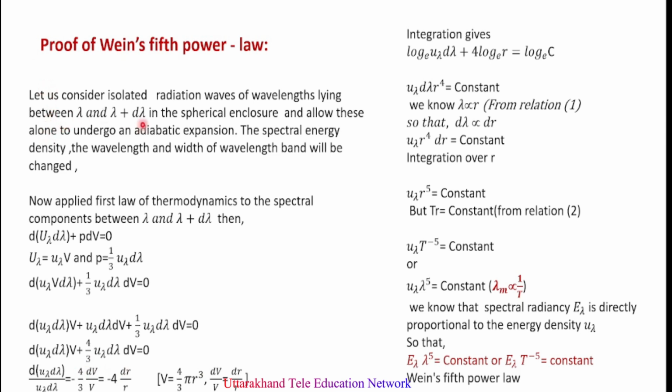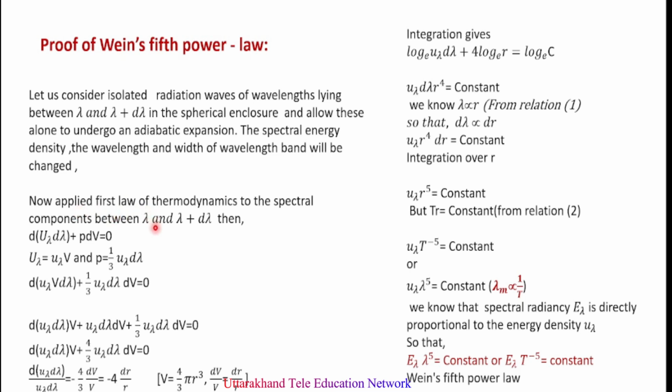And the fifth power law is also very simple. Same as before, we consider an isolated radiation wave of wavelength lying between lambda and lambda plus d lambda in the spherical enclosure, and allow it to undergo adiabatic expansion. The spectral energy density, the wavelength and the width of the wavelength band will change inside the radiation. Now we apply the first law of thermodynamics.